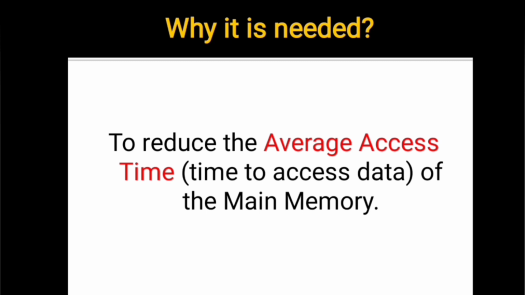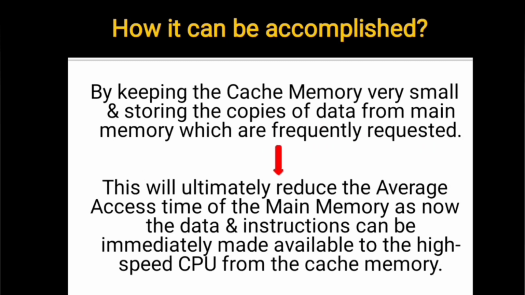Now let's see how it can be accomplished. How can I reduce the overall average access time of the main memory? Just by keeping my cache memory very small and storing copies of data from main memory which are frequently requested.